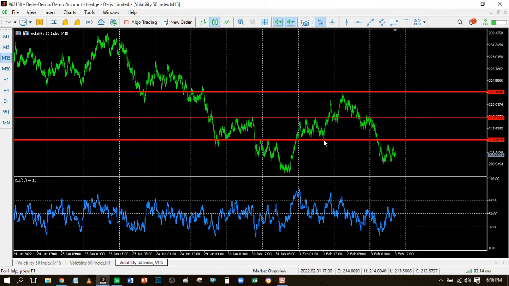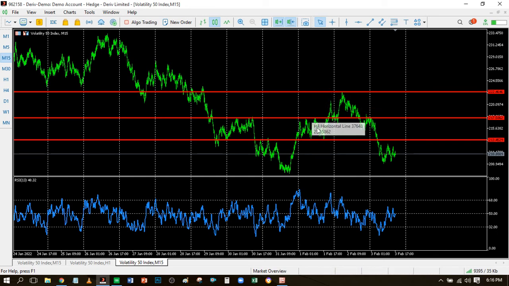Between here and here is the monthly range, but between here and here is the weekly range. So in this particular scenario, I can even use this as a target when I'm trading for the week.